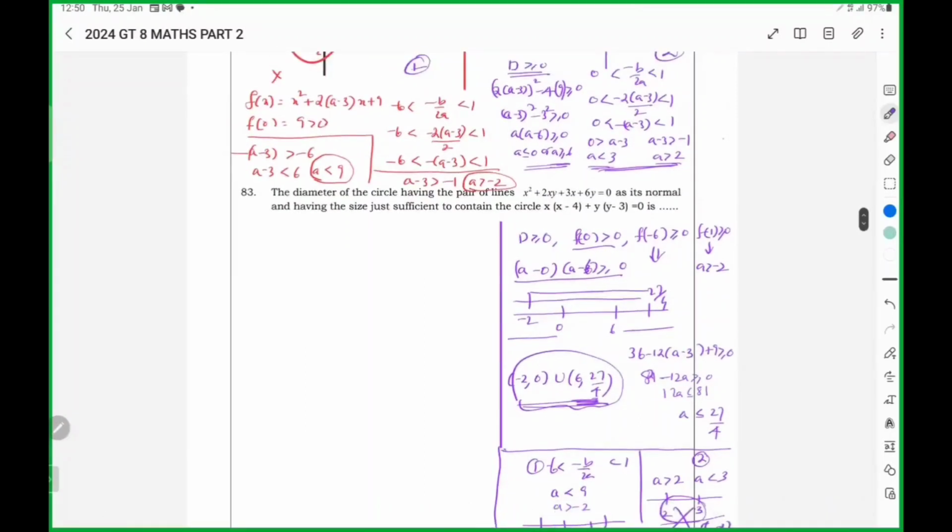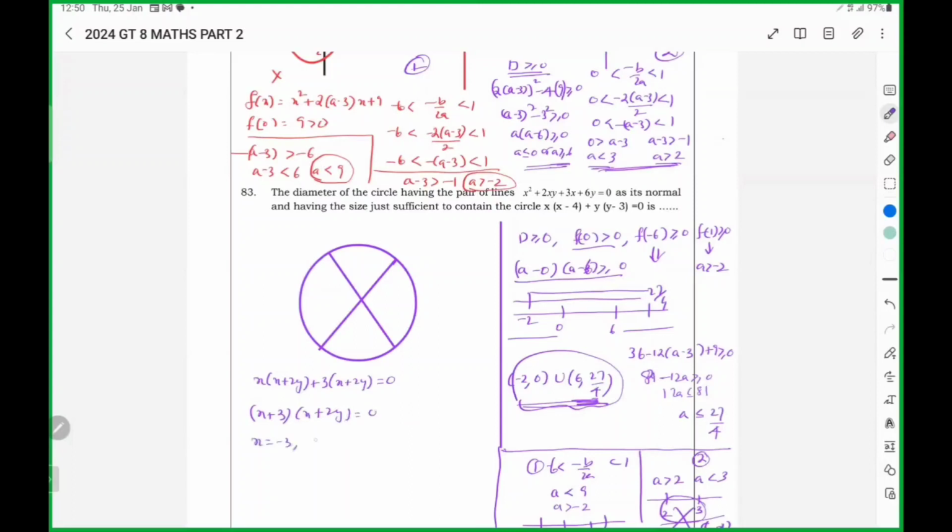And here, the diameter of the required circle has a pair of lines. You take the circle for this, so diameters are part of this pair of lines, that is x into x plus 2y, so x plus 3 into x plus 2y is 0.